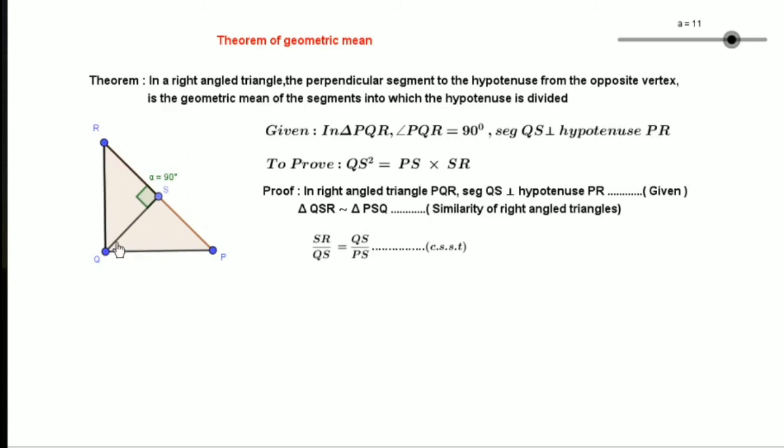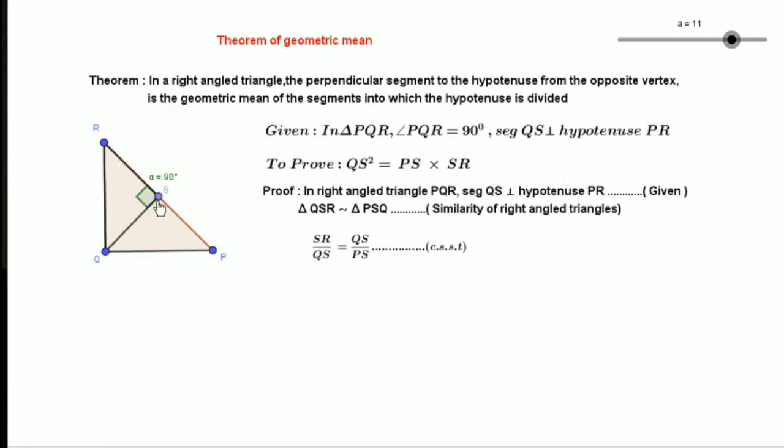As the triangles are similar, their corresponding sides are in proportion. So observe the corresponding sides of triangle QSR and triangle PSQ. Now here SR upon QS, height upon base. If we consider QS as base, then SR is the height.